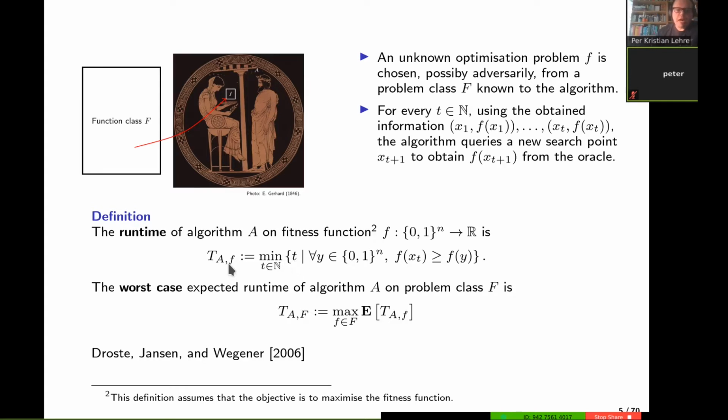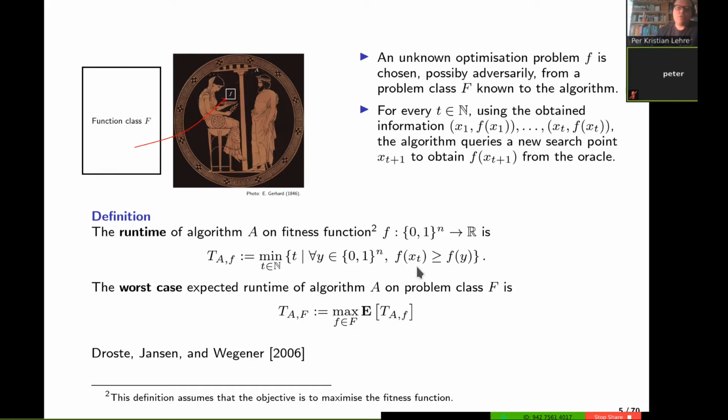So if we have now a particular algorithm A and a concrete fitness function f, we say that the runtime of algorithm A on this fitness function f is the number of times that this algorithm queries the oracle for fitness values until it queries the optimal search point for the first time.